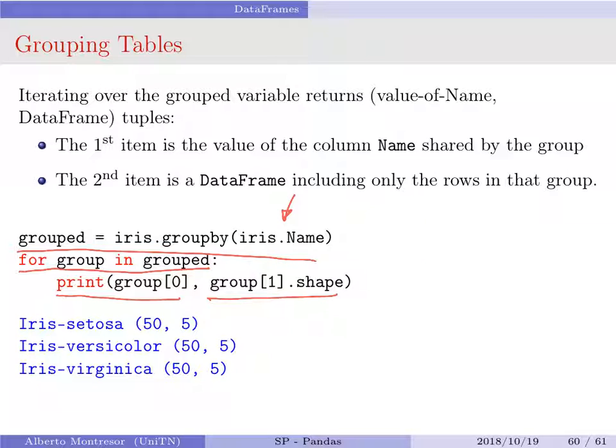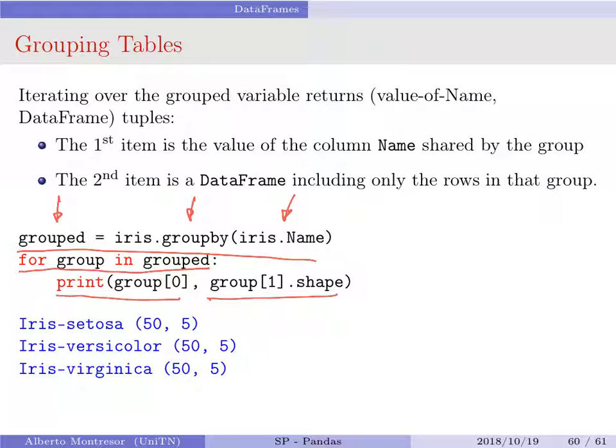So by doing this group by, you are collecting together all the information about Setosa, Versicolor, and Virginica. So now what you have here is a list of data frames. One for Setosa, one for Versicolor, one for Virginica.